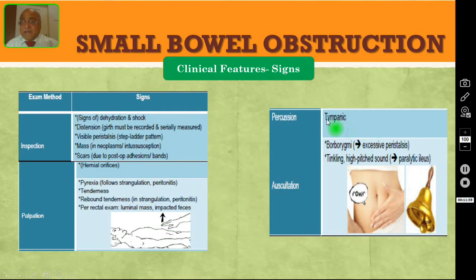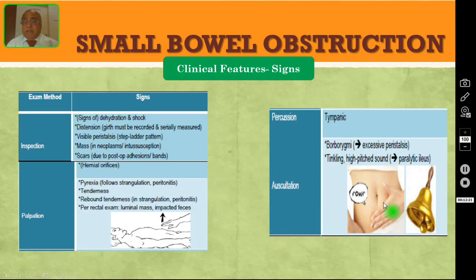So coming to the percussion, it is a tympanic note. Because of a lot of gas inside the small bowel, you can have a tympanic note. Coming to the auscultation, initially there is excessive peristalsis, or borborygmi, or tinkling sound, a high pitch sound you can hear to begin with.